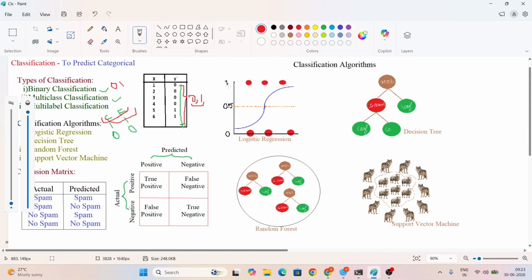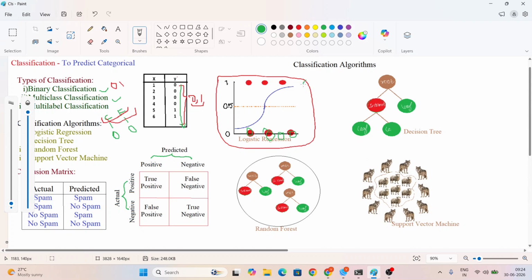You can draw the diagram using this data set, X and Y. If the students study for 4 hours, they will get pass marks. So the red dots we will plot here: 1, 2, 3, and 4, if they are getting pass.